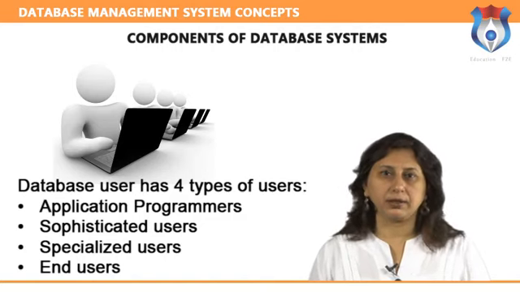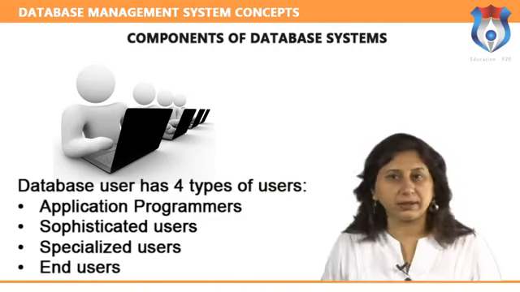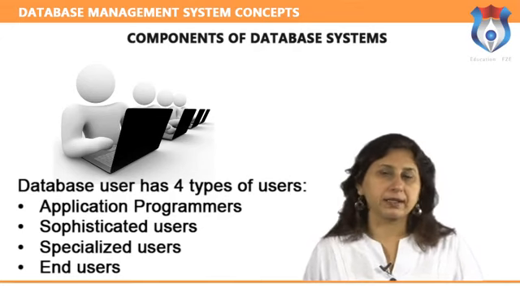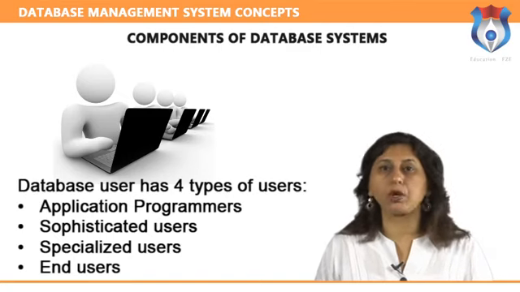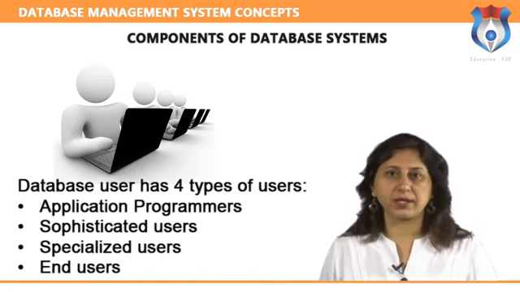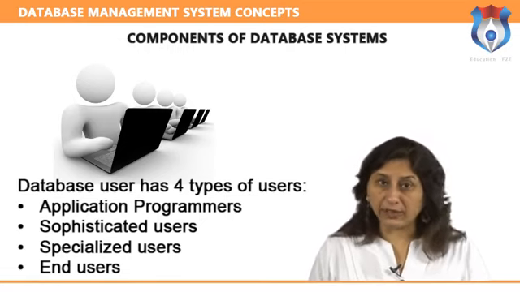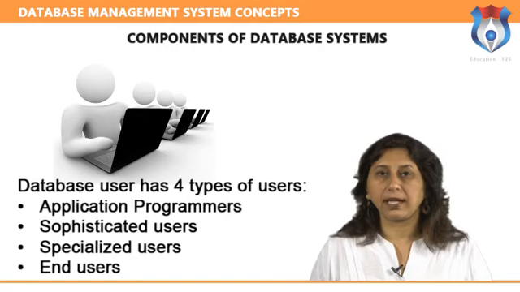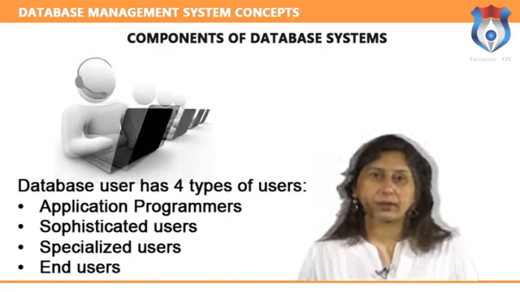Database users. Here are four different types of database users. Application programmers: a person who prepares application programs is called an application programmer. Sophisticated users interact with the system without writing programs. Instead, they form their requests in a database query language.